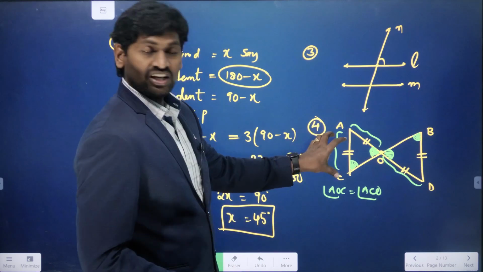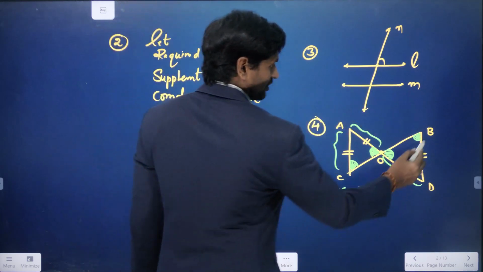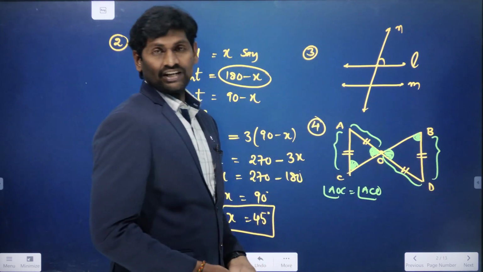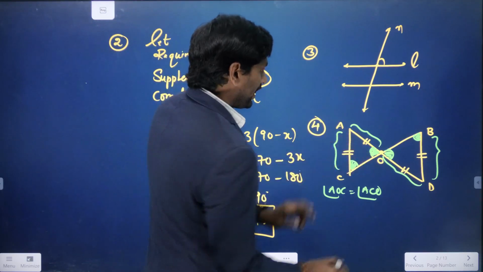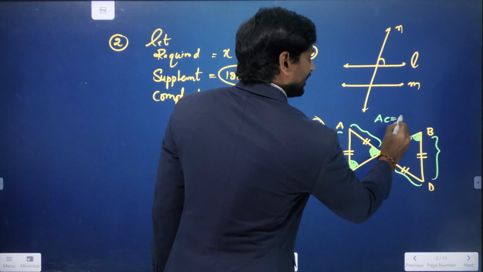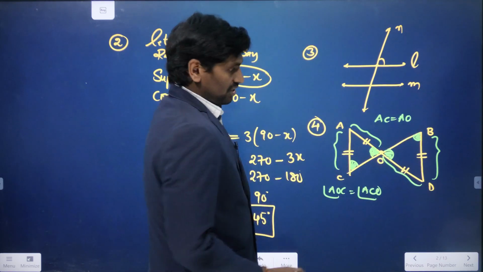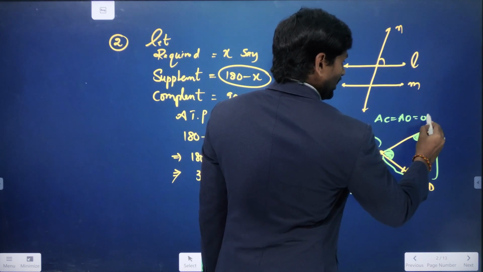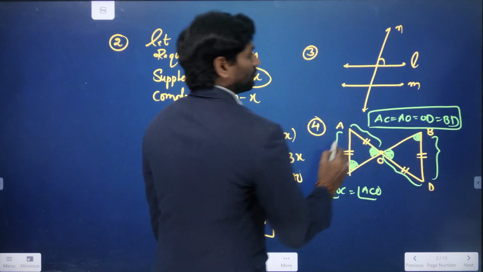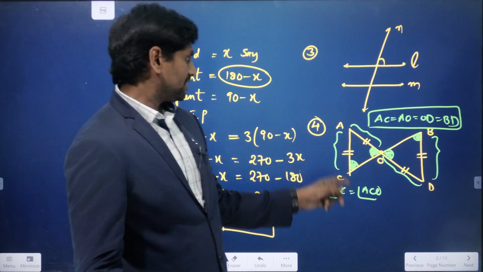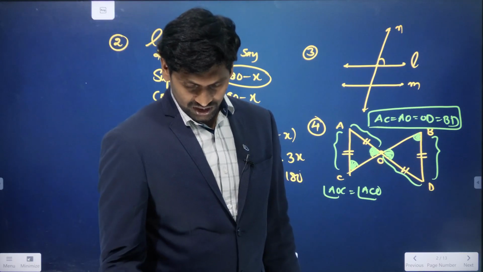That means AC also equals AO. So from this diagram, you need to understand that AC length equals AO length, and in the same way OD equals BD. These are all equal lengths from the figure with the given symbols. Okay, now let us go to the next option.